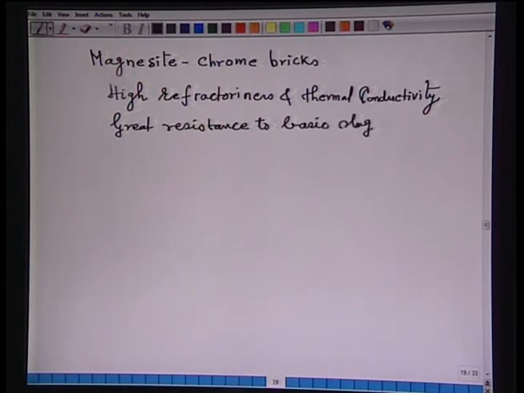But in environment these refractories cannot be used. These refractories are say chemically bonded and metal encased bricks.